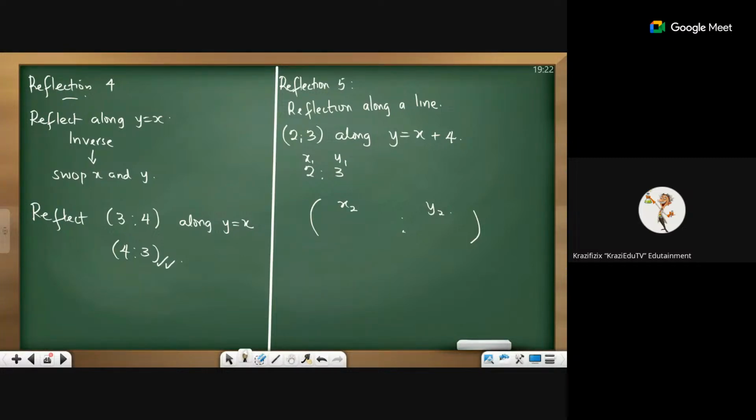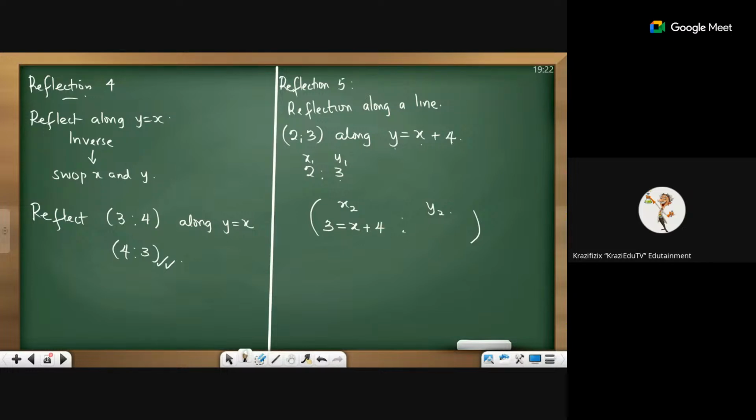Now, I am looking for the value of x. I'll go back to my equation. What is my equation? y equals x plus 4. But I'm looking for x. What is my old y? 3 equals x plus 4.